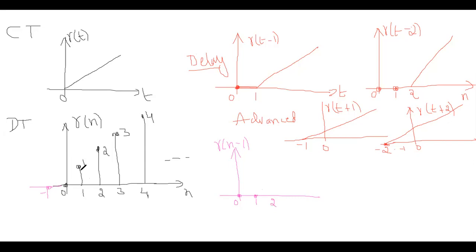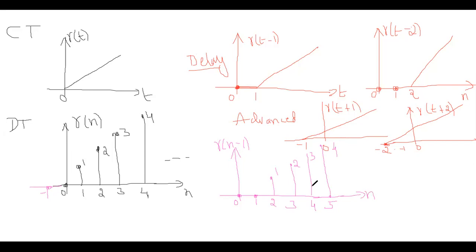What is the value of 1 here? It is 1. That you will get at the 2. And for 3, what is it, with one sample shifted? The 2 value that we have in r of n is obtained at 3, which is 2, and for 4 it is 3, and for 5 it is 4, and so on.